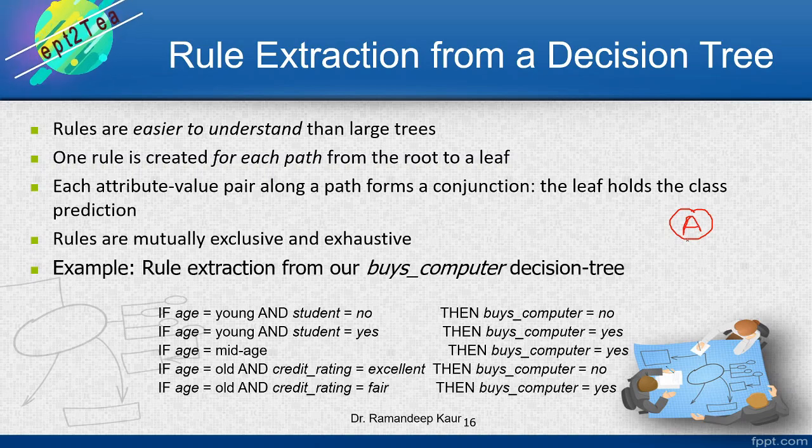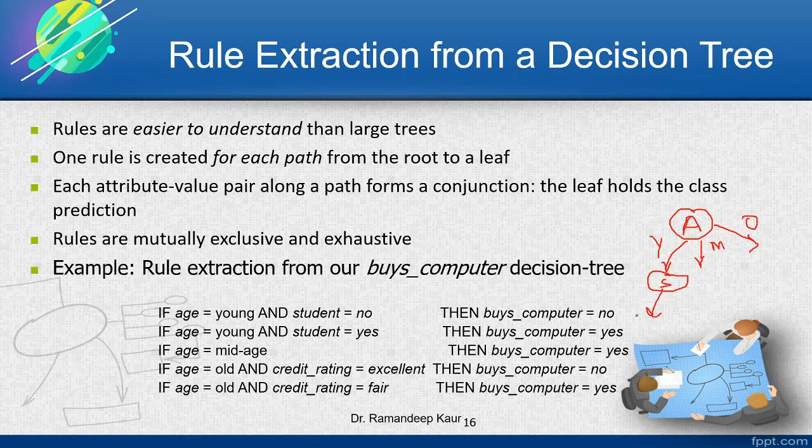So I can make a criterion here that the age factor is young, middle aged, or, let's say, old aged. So I have made three criteria here. If age is equal to young, the next condition is student, and if student is equal to no, then buys computer is no. Likewise, next condition: if age is equal to young and student is equal to yes, then buys computer is yes.